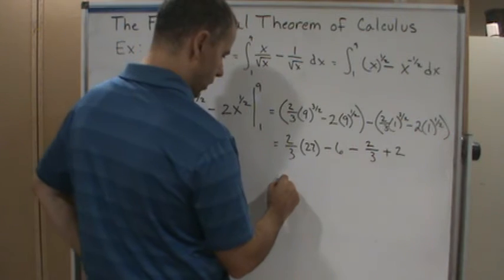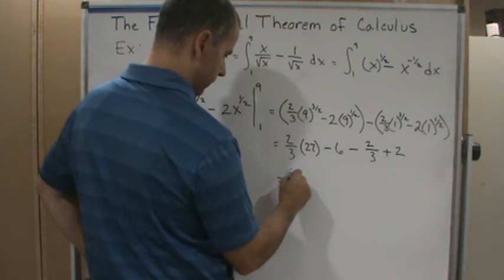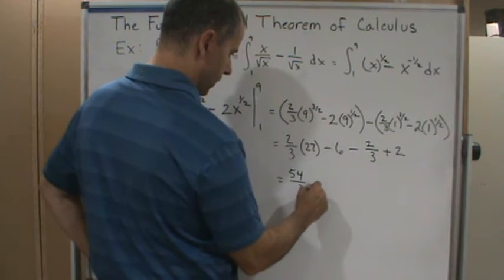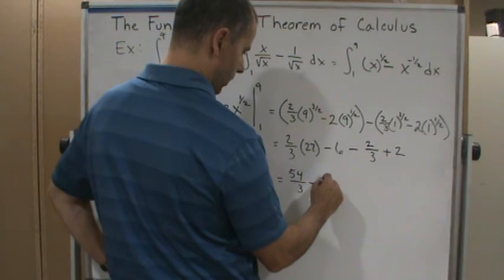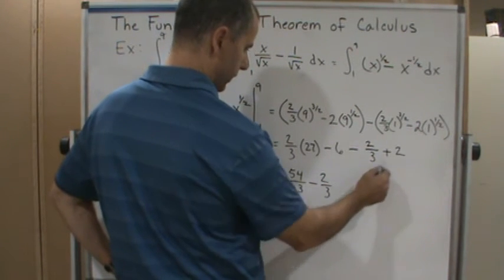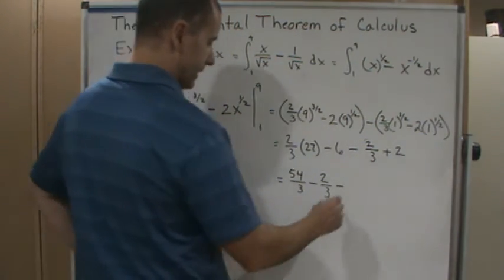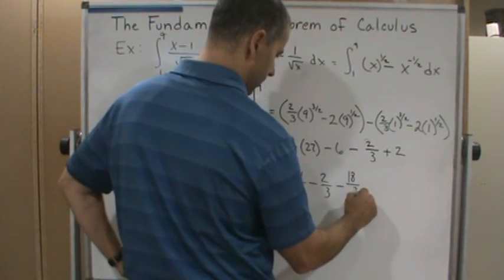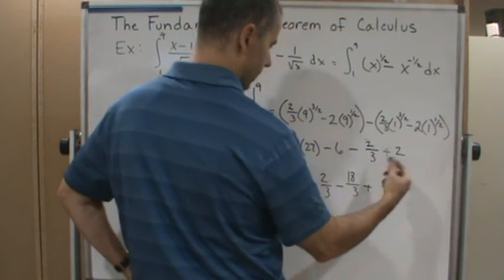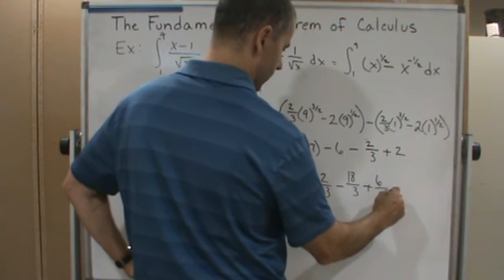Okay, now this is going to give me 54/3 minus 2/3, right here, minus, now 6 is the same as 18/3, plus 6/3.